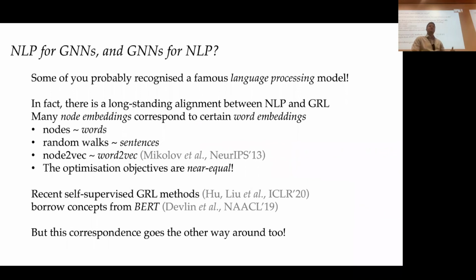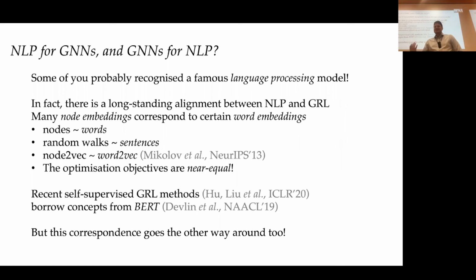And what I'm going to do is take a natural language perspective, and rederive transformers without ever mentioning transformers. Okay? So, as mentioned, some of you probably saw this equation and recognized the famous language processing model. I'm not going to tell you what it is, right? I'm not going to mention that word, right?